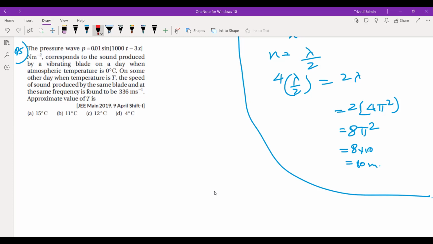On some other day when temperature is T, the speed of sound produced by the same blade at the same frequency is found to be 336 meter per second. Approximate value of T is what? So we have 13 degree, 11 degrees Celsius, 12 degrees Celsius, 4 degrees Celsius.